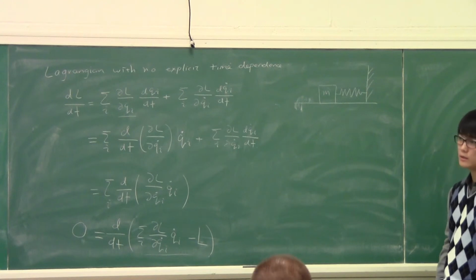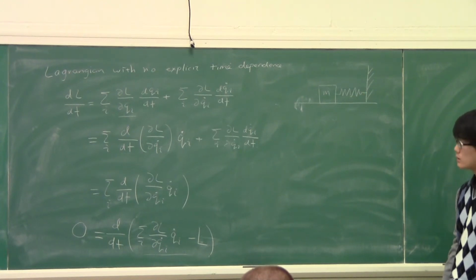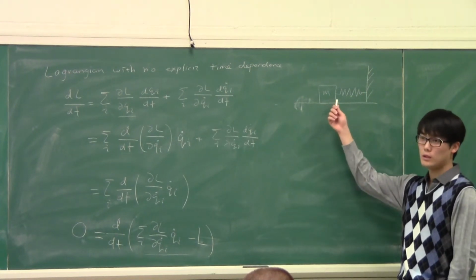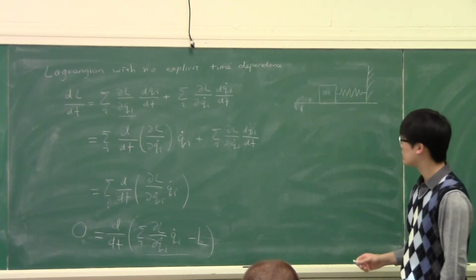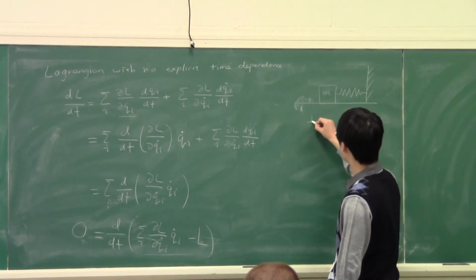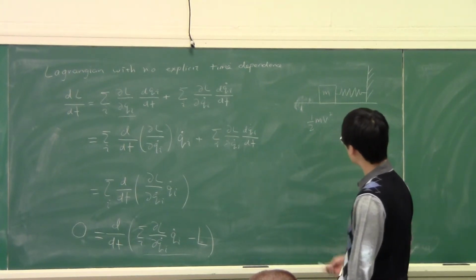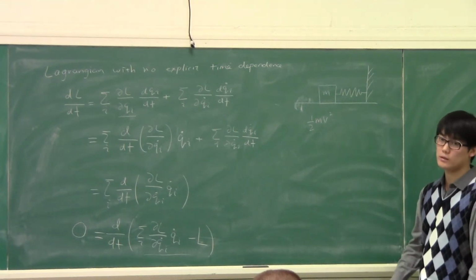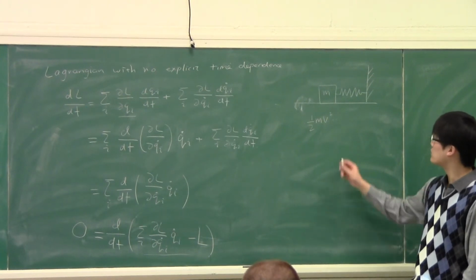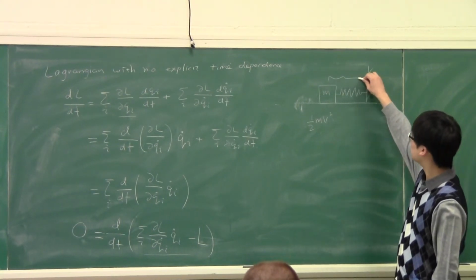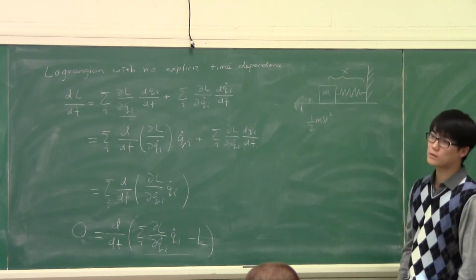And we can easily write down the Lagrangian for this system. It's going to be composed of the kinetic energy of the mass, which is given by 1/2 mv squared. And let's put everything in terms of a coordinate. So that coordinate is going to be the distance here, which is x.